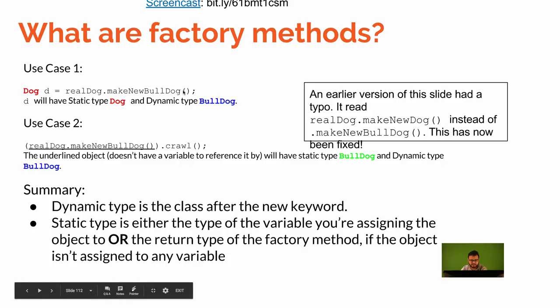So in this case, I am assigning the object to this variable, and so it will have static type dog. Or if you are not assigning it to anything, then its static type will just be the return type of the factory method. In this case, the return type of the factory method is bulldog. So that's what happens with factory methods.